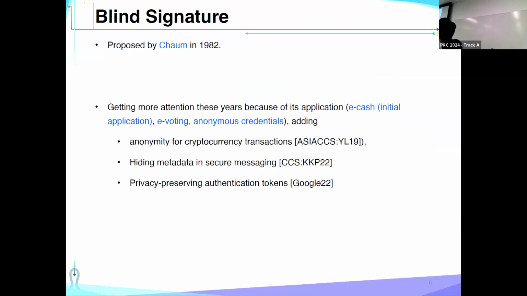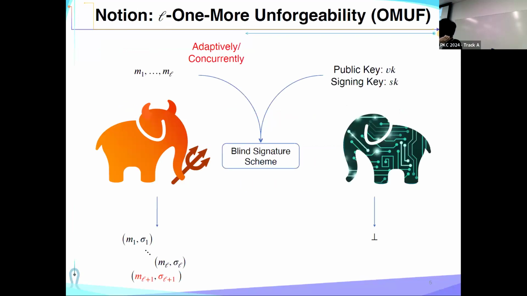Blind signature is a notion proposed by Chaum in 1982, and it is getting more attention in recent years because of its applications, like eCash, which is the initial application proposed by Chaum, and also e-voting. For example, we can let the signer be a government and the user be the voter, and blindness ensures that the government cannot know the voter's choice.